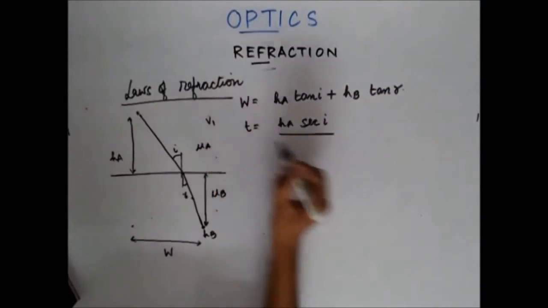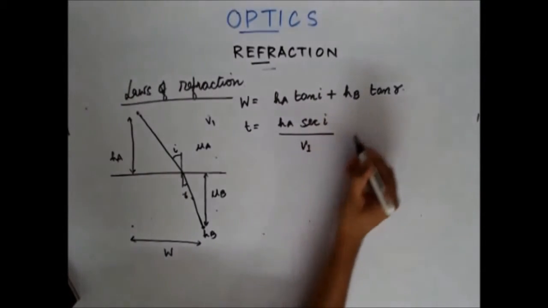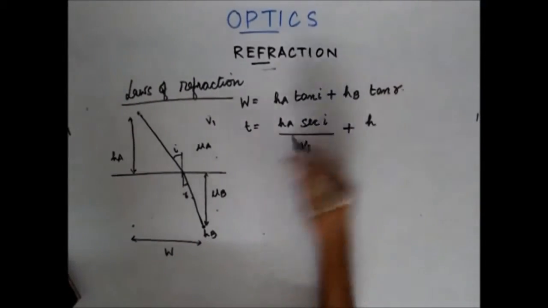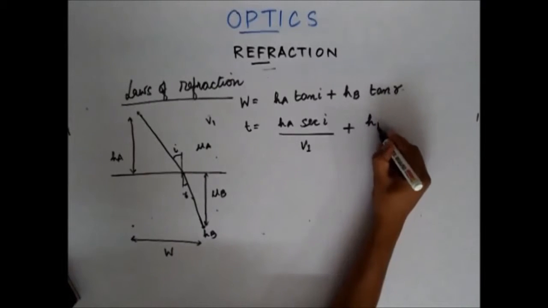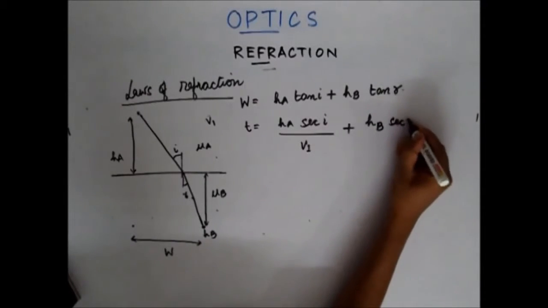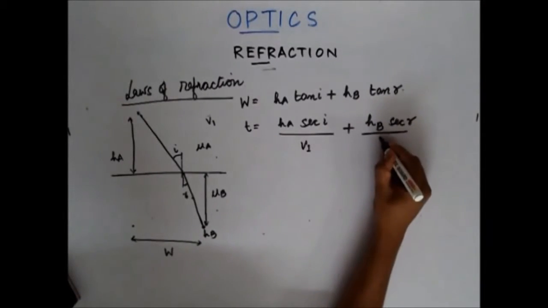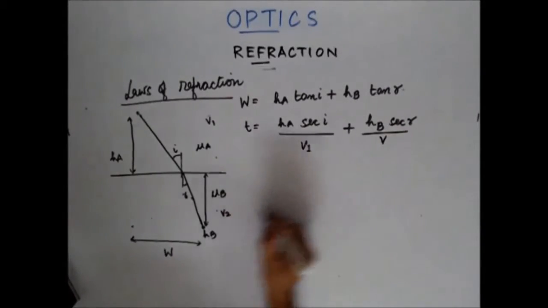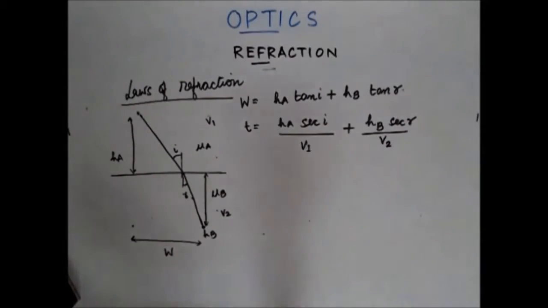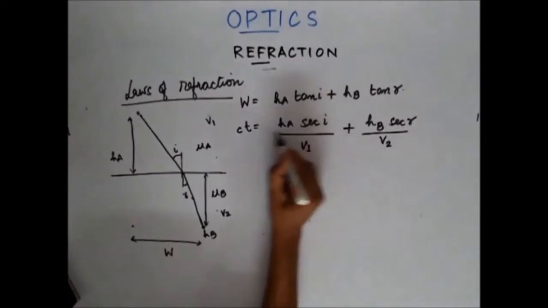Let's say the velocity in this medium is v1, so I write v1, plus this distance HB sec R divided by, let's say, the velocity here is v2.